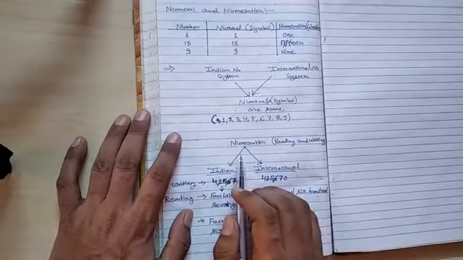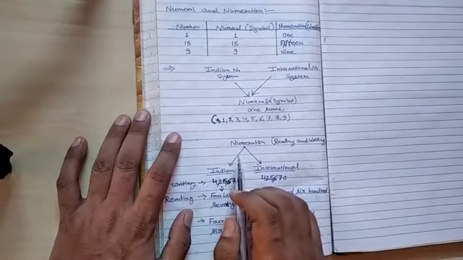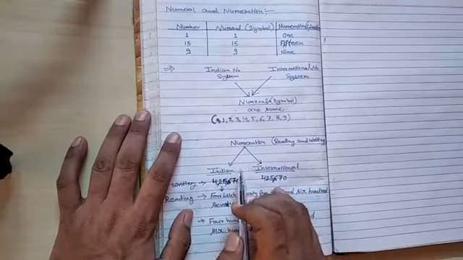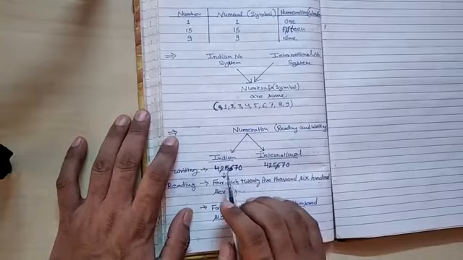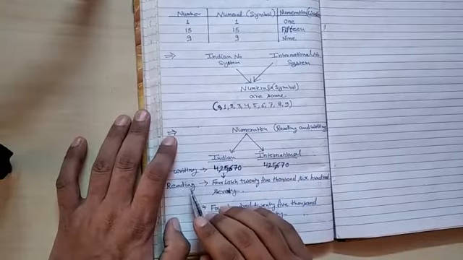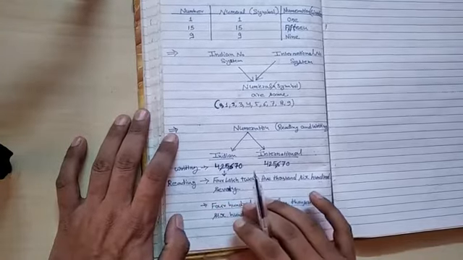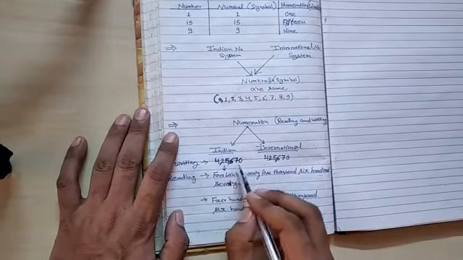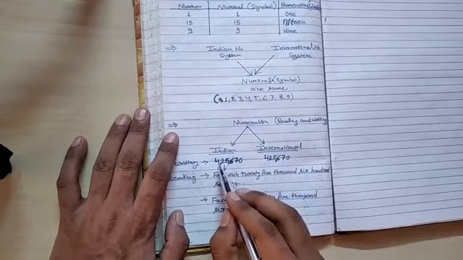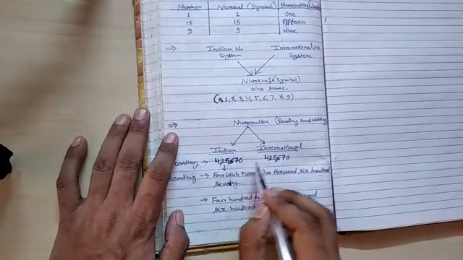Now, numeration means reading and writing. In both the Indian and international systems, the way of writing and the way of reading is different. You can see here I have taken one example, the number 425670.